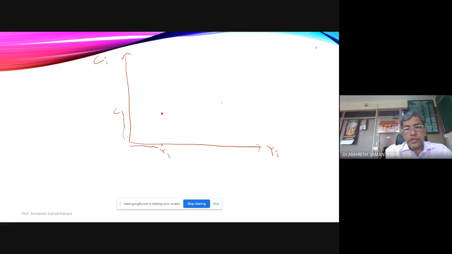Maybe there is individual 2 here. For this individual, here is Y2, sorry. So this is for 2, this is for 1, and here somewhere is C2. Like that you have individual 3, 4, 5, 6, 7, 8, 9, individual 10.